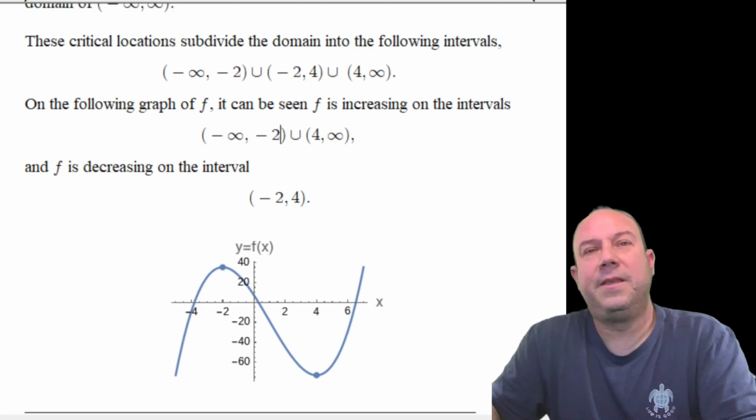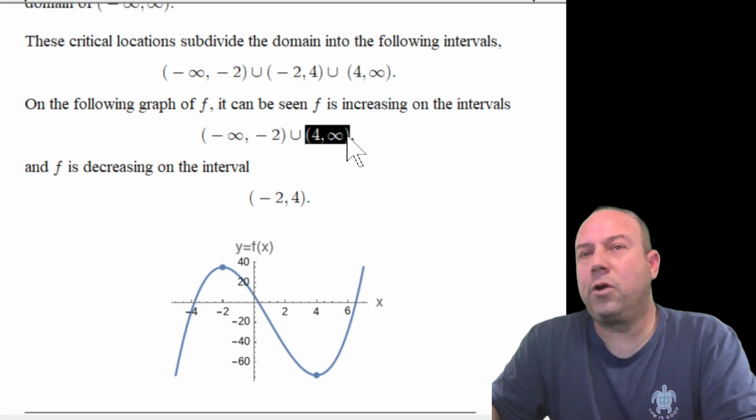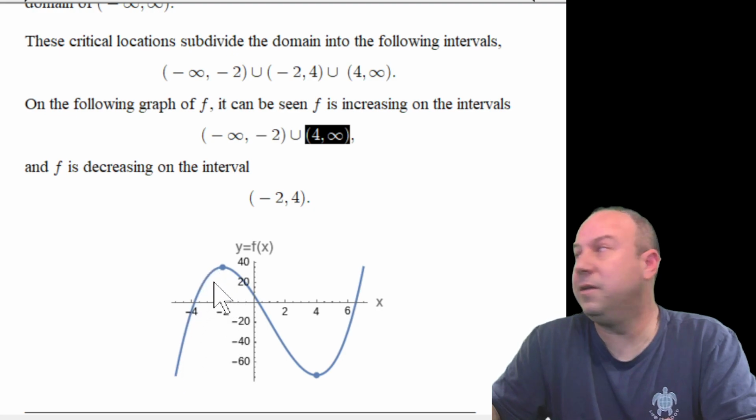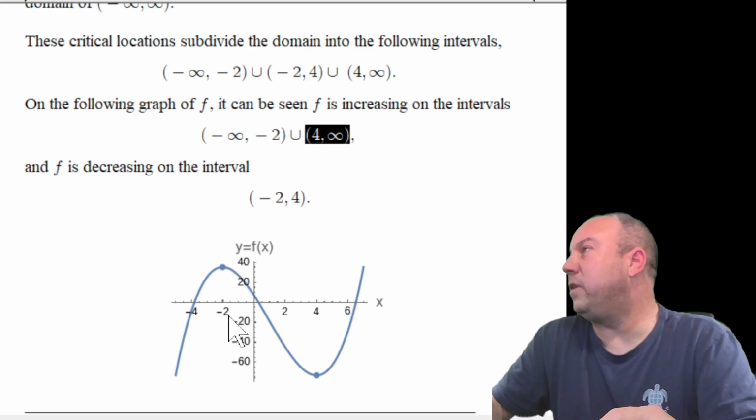That should say negative 2. And from 4 to infinity, we are increasing. From negative infinity all the way up to negative 2 along my x-axis, I am increasing up this portion of the function.